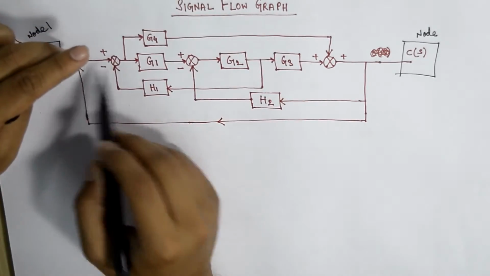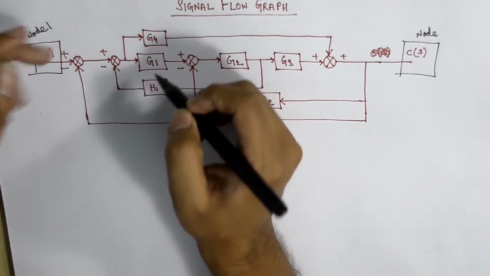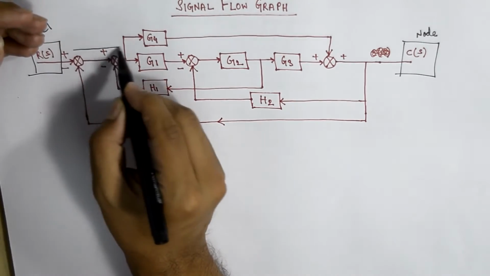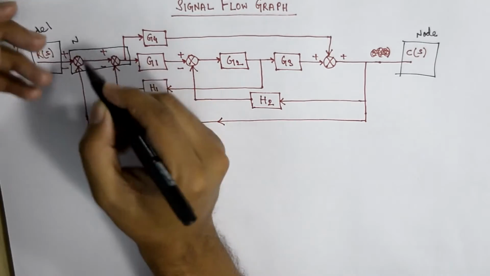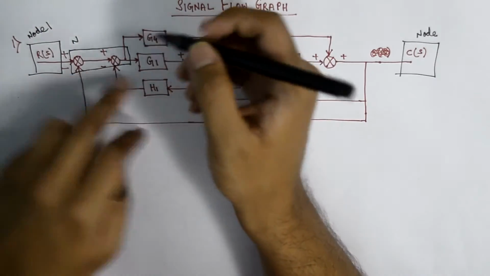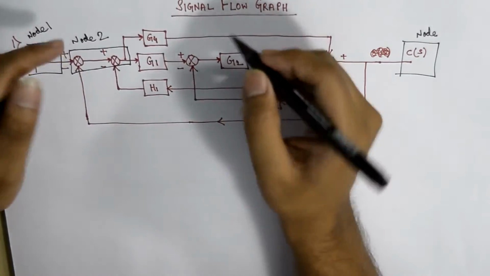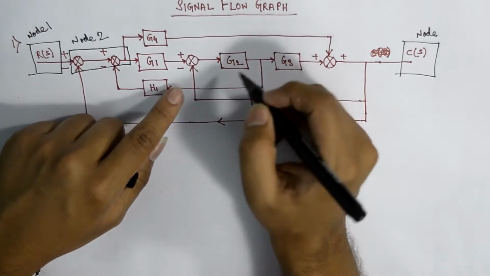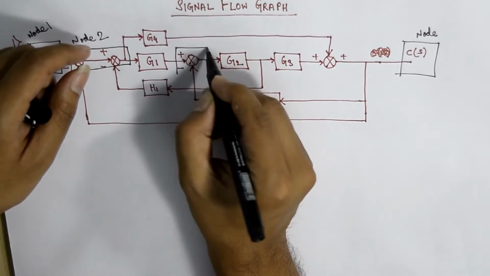Now here there are two summing points as well as one takeoff point which is below the G1 block. So according to the property, we will mark these two summing points as well as the takeoff point as a single individual node, say node 2. Now this summing point which is between the G1 block and G2 block we mark as a single individual node, say node 3.